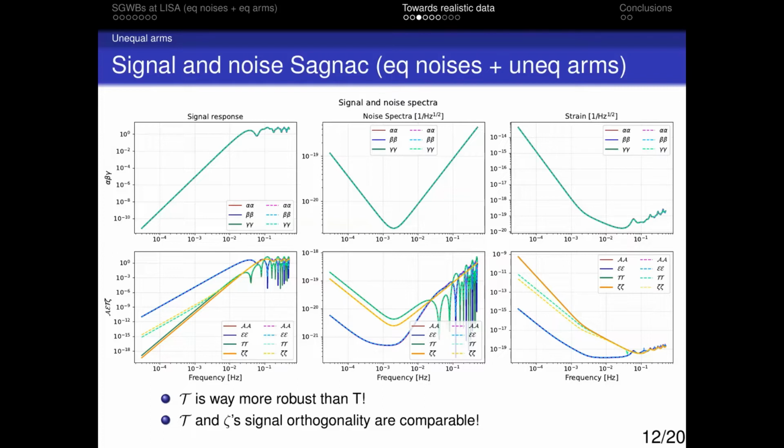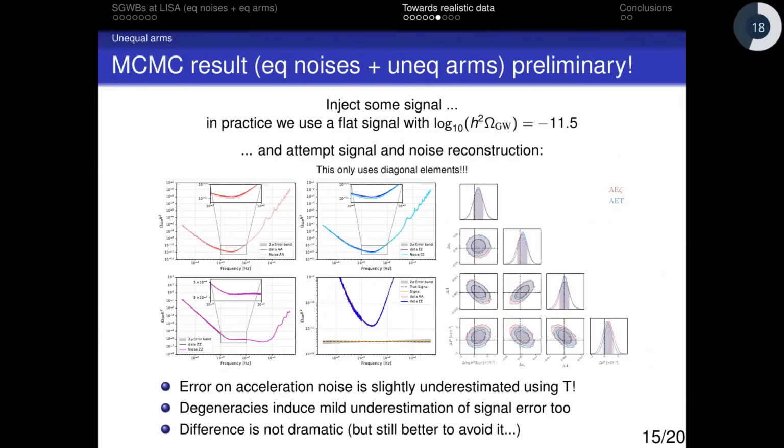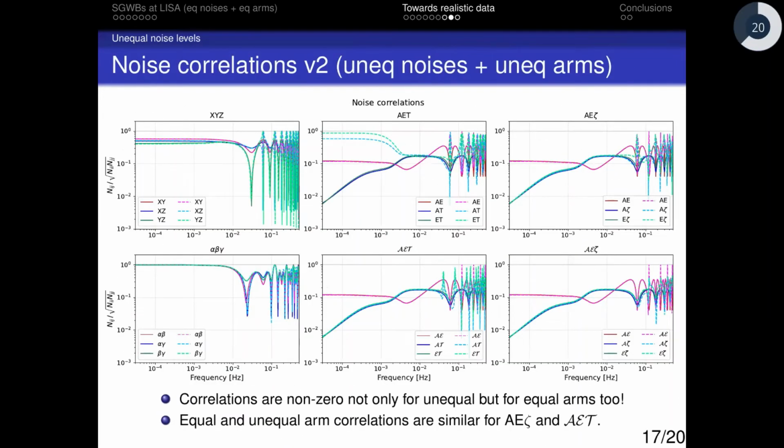In the end, we need a robust estimate of the secondary noise, the non-laser noises, to do this proper orthogonalization. And I was wondering, for the unequal noise level case that you investigated, how much different were the noise levels, and could you state again what was the impact on the noise correlation?